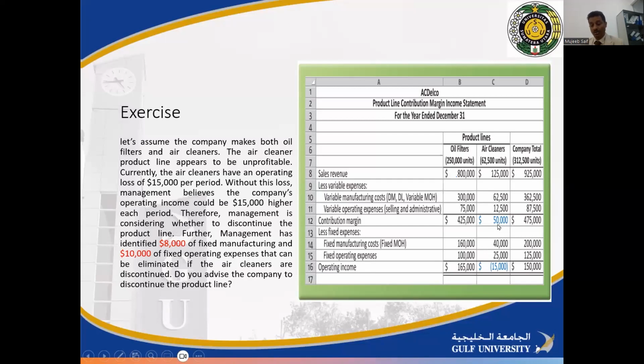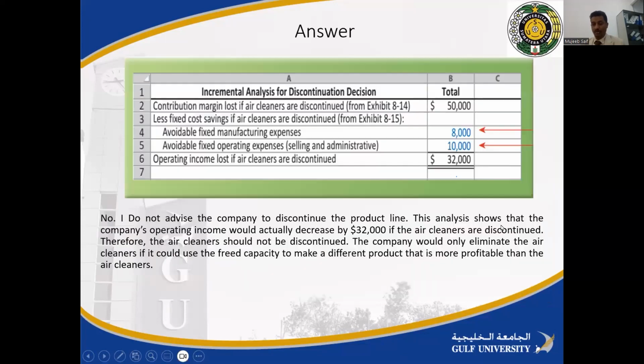I will lose this contribution because our sales in this production line are 125,000 and the variable cost is 75,000. I have here a small profit, let's call it margin, of 50,000. If I close this production line, I will lose this contribution, so I will lose 50,000, right?